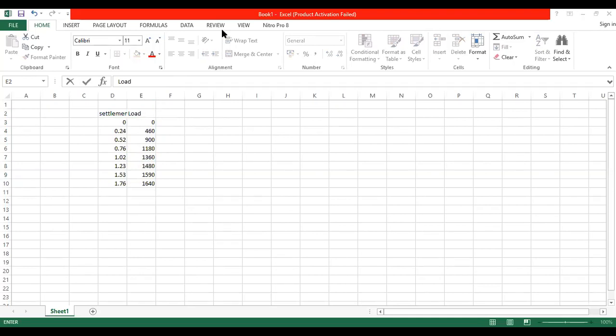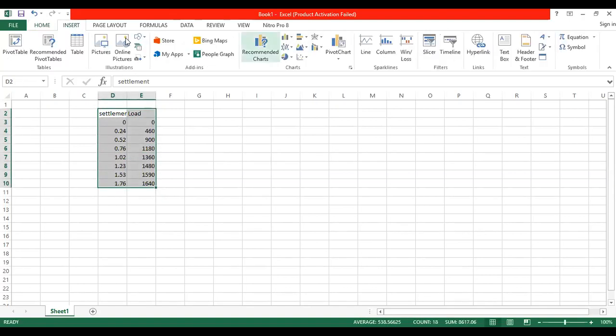For what we are plotting the graph? Which value you have to plot in x-axis? Okay, in x-axis you have to plot the settlement value. Just take this value. Settlement value you have to plot in x-axis.